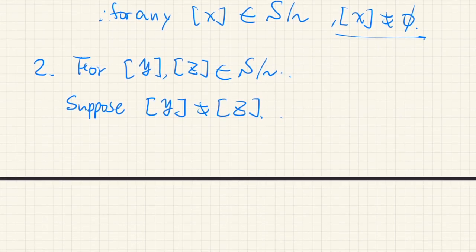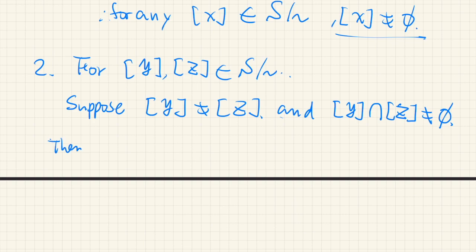And also, the intersection of y and z is non-empty. We prove by contradiction, okay? Then there exists some x such that x belongs to this intersection.